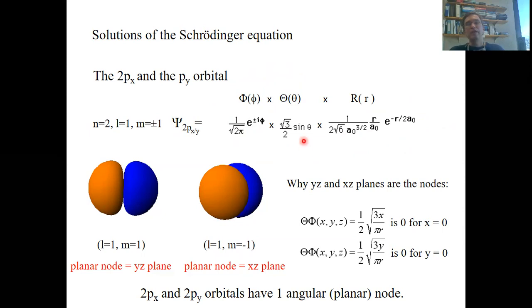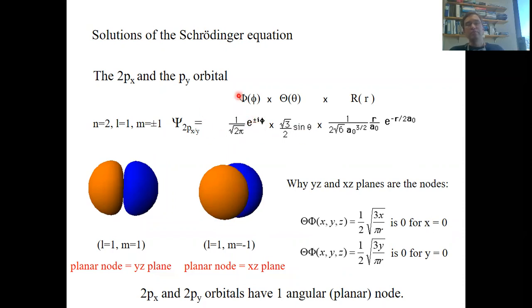You see again it's angular dependent, but now not only the angle theta appears, but also the angle chi appears here. And px and py differ only by this algebraic sign in front of this imaginary number. It can be either plus or minus, depending on whether we talk about the 2px or the 2py orbital.